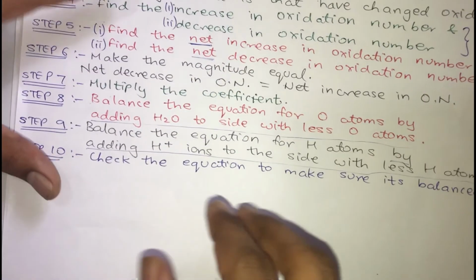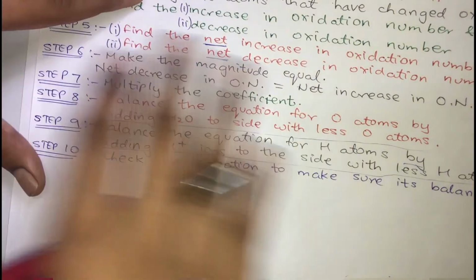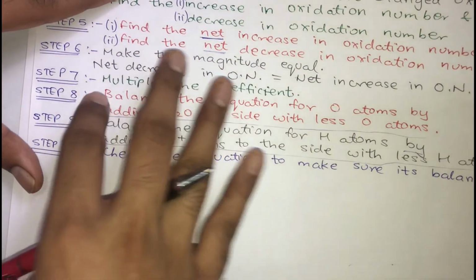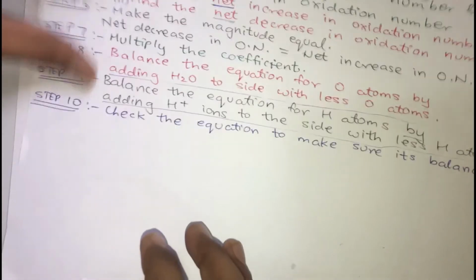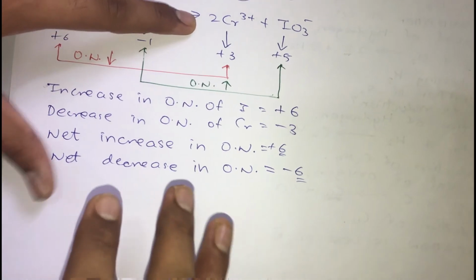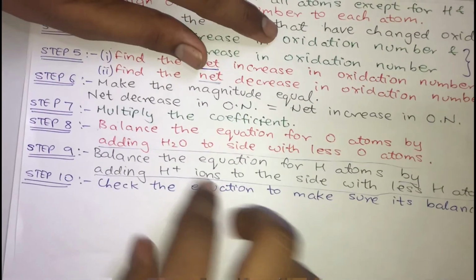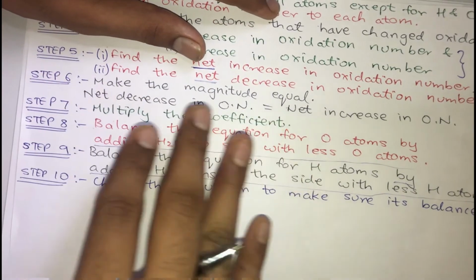So since you are not adding any coefficient over here, therefore this step 7 is also neglected, that is it is not required to multiply the coefficient. Okay, the magnitude is already equal, therefore you are not multiplying by any coefficient. Therefore step 6 and step 7 is not required.